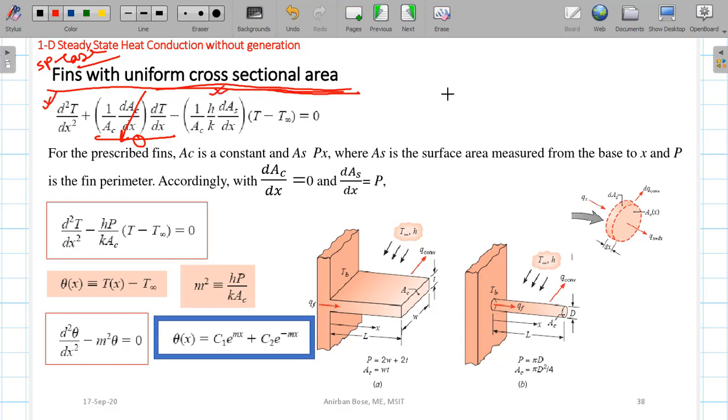Further, if the cross sectional area is the same along x, as well as the shape of the cross section, then the total surface area As up to a length x is equal to P into x, where P is the perimeter.